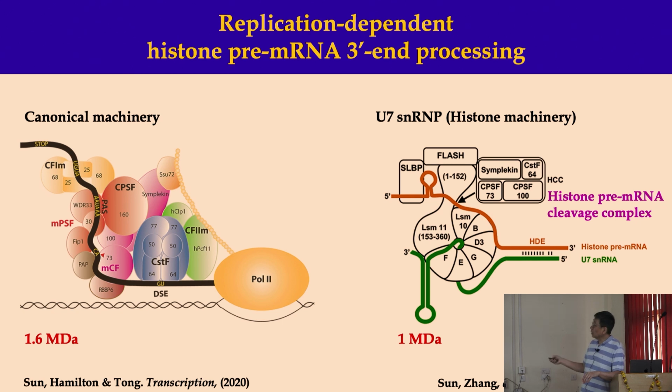HCC contains CPSF73, CPSF100, and Symplekin. You may remember that's exactly what's in the MCF: CPSF73, CPSF100, Symplekin. So even though the two machineries have very different compositions of other protein factors, they share the same cleavage module. Nature reused the same module in two different cleavage machineries.